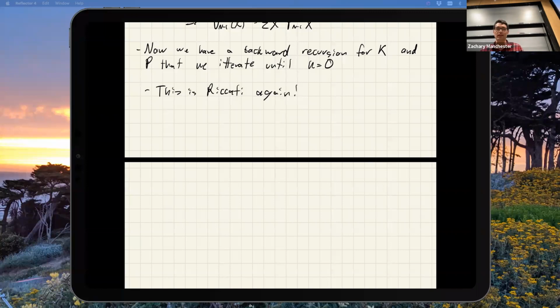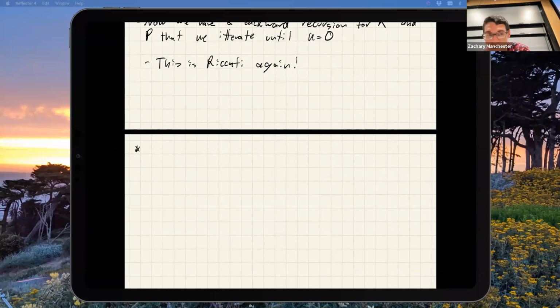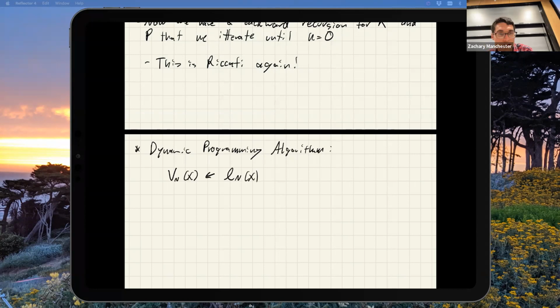Cool. All right. So let me write down the general form of this dynamic programming idea. So here's the general case, not the LQR case. I start with V_N just being the terminal cost. Then I set k equal to N, and then I go backwards, so I'll write this as a while loop.